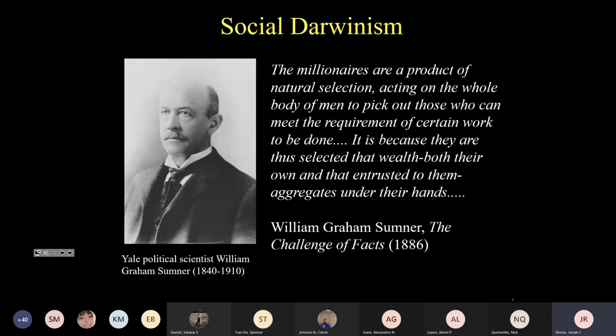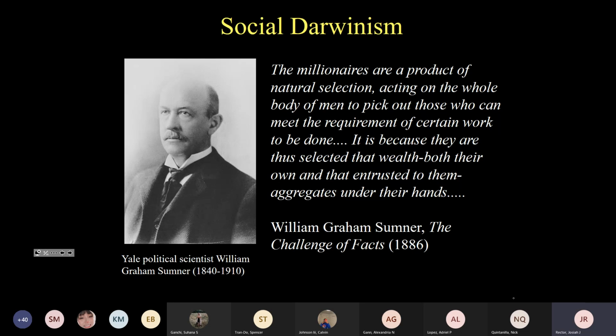The British philosopher, biologist, and social commentator Herbert Spencer was very popular with many American elites, such as Andrew Carnegie, a big fan of Spencer's work. And there were American advocates of Spencer's ideas, such as William Graham Sumner, a political scientist at Yale.